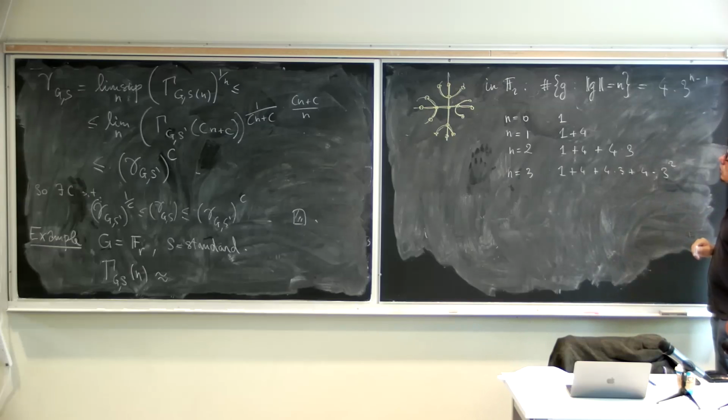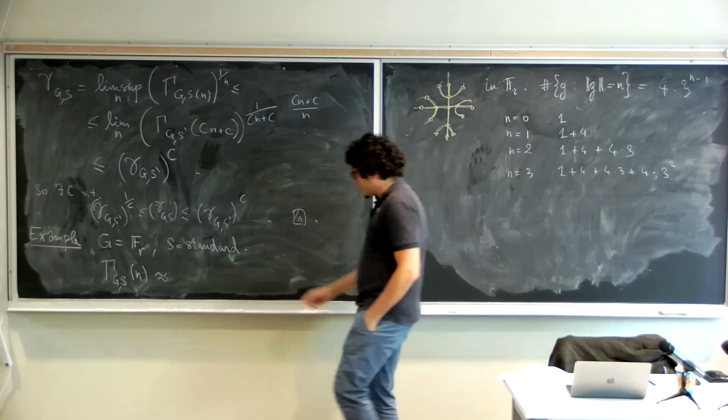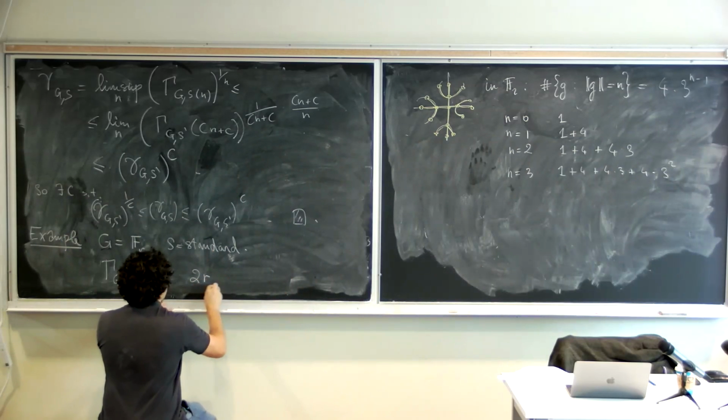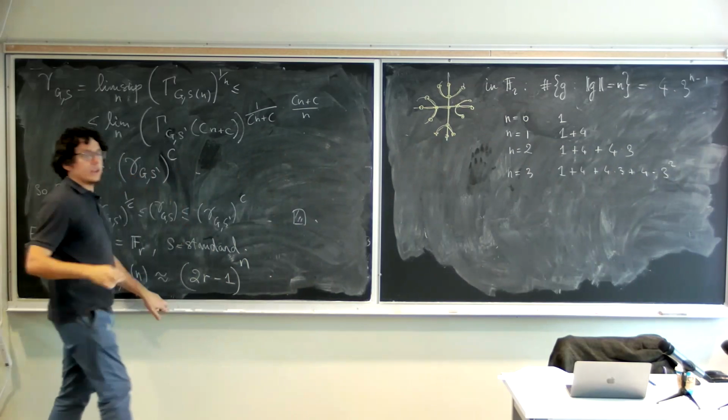Exactly. So in general, the free group of rank r is a 2r minus 1 regular tree. So the growth is of the order of 2r minus 1 to the n.